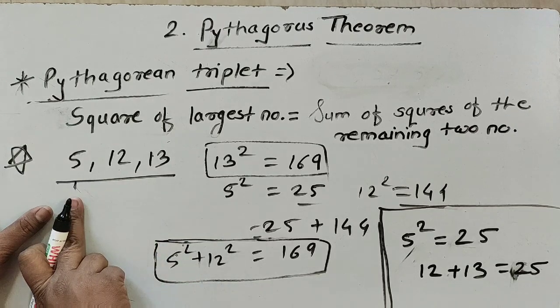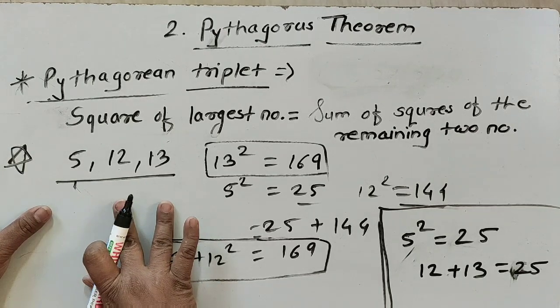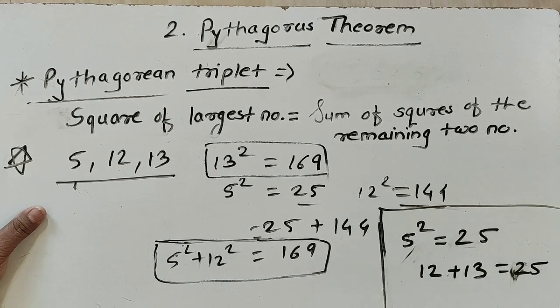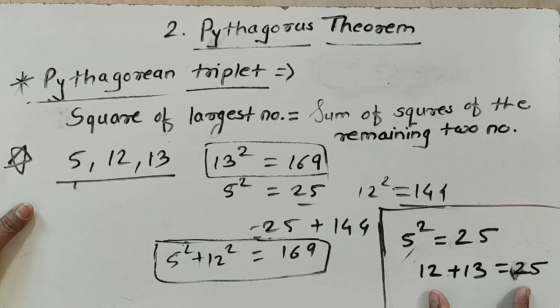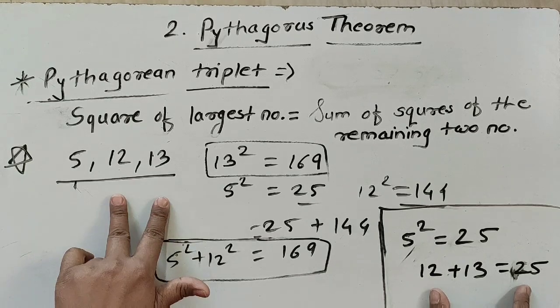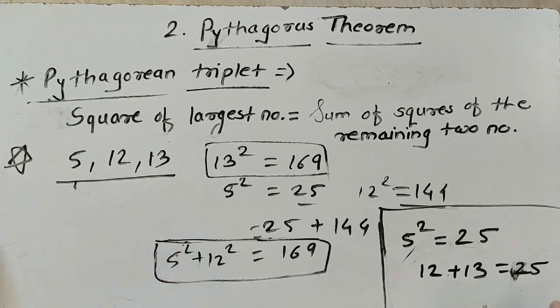It means that if the odd number's square is the sum of two adjacent numbers, then the given three numbers are also a Pythagorean triplet. If the smaller number is an odd number and its square is the sum of the remaining two adjacent numbers, then it is a Pythagorean triplet.